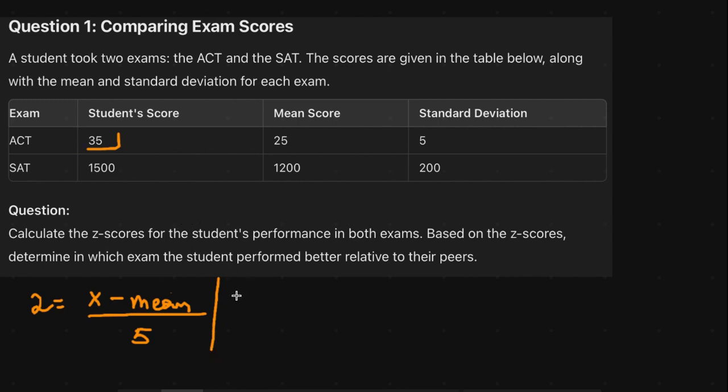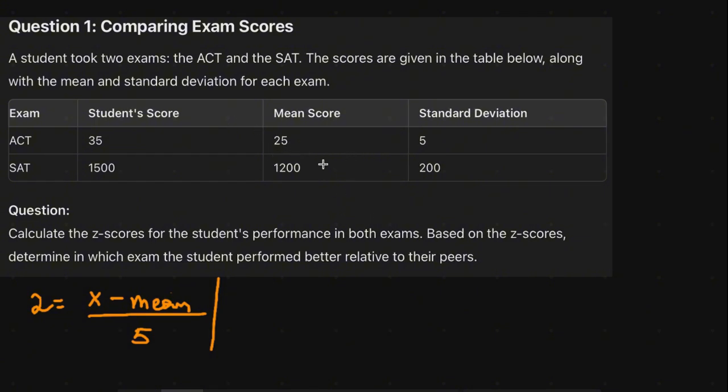So we want to know in which exam this student performed better. By looking at this data, it is not legitimate to say that the student scored better on the SAT because it is far above the mean score, or on the ACT because the student's score is far above the mean score.